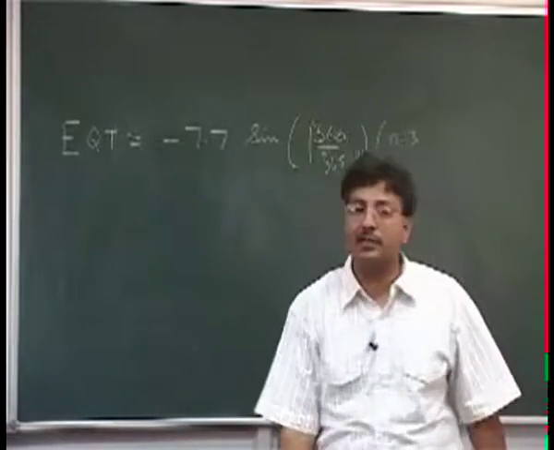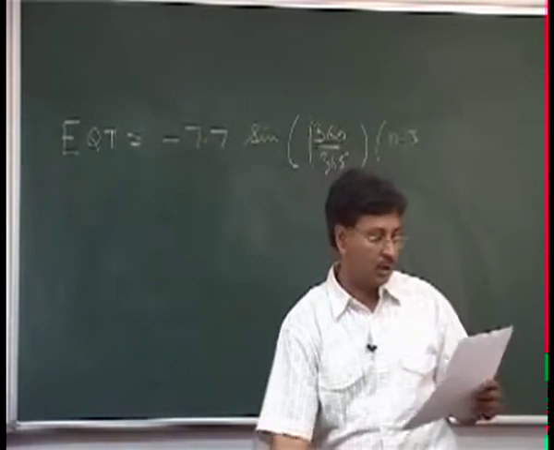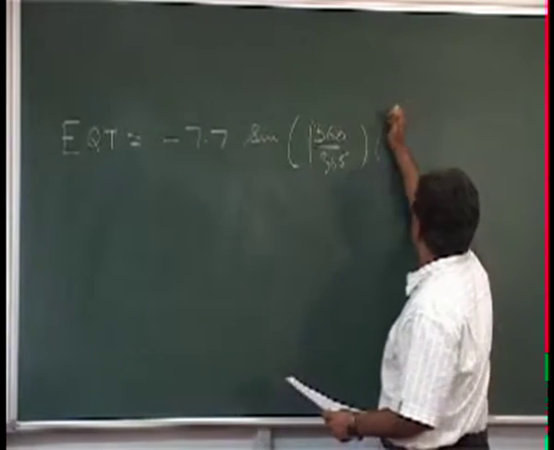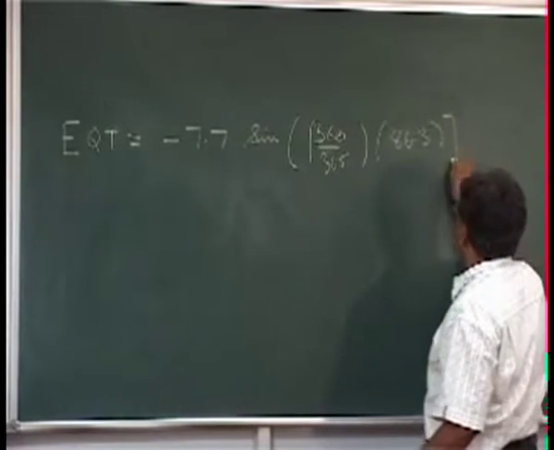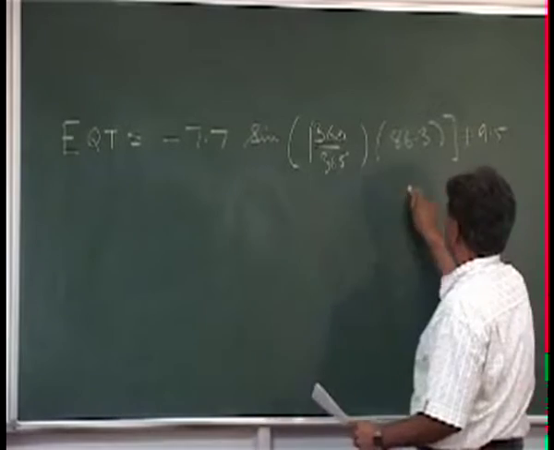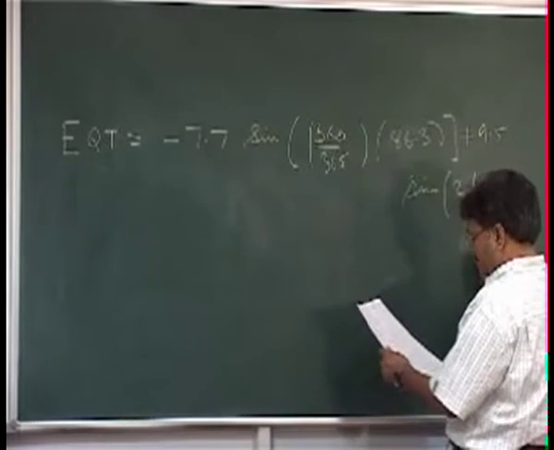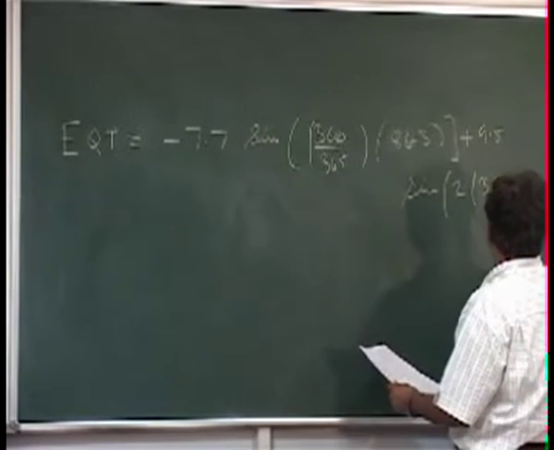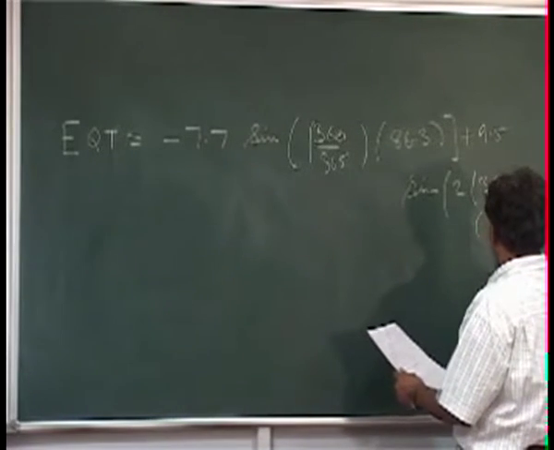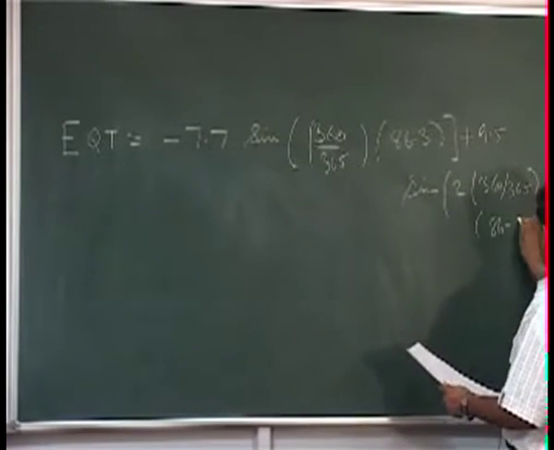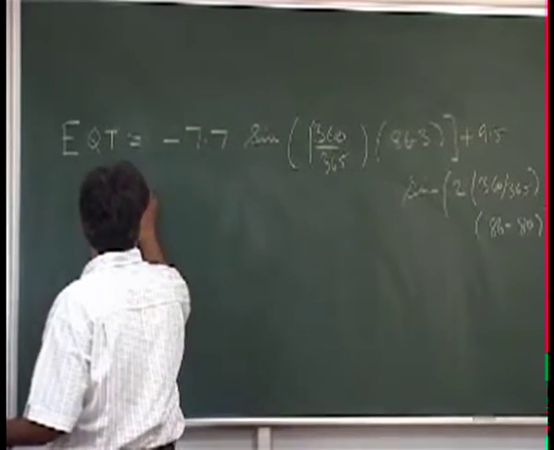Because I am finding it for 27 March, it is 86. So we write 86 minus 3, plus 9.5 sine of 2 times 360 divided by 365, times (86 minus 80), and that came out to be a very small number.